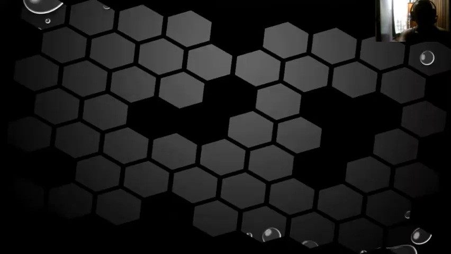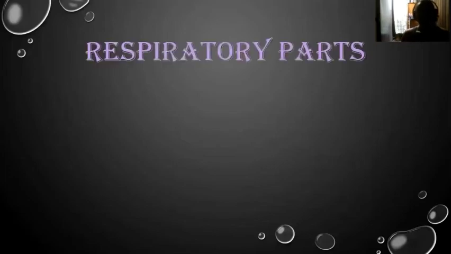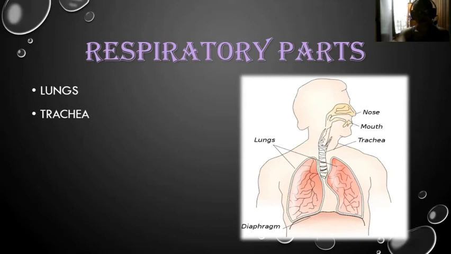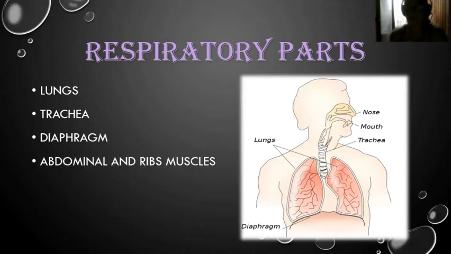Well, let's start with the first part, that is the respiratory parts. That is the lungs, the trachea, the diaphragm, and the abdominal and rib muscles.